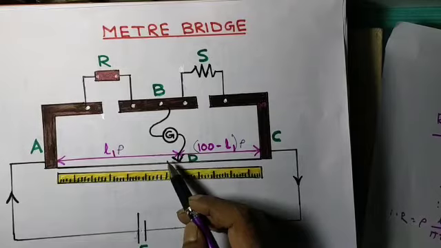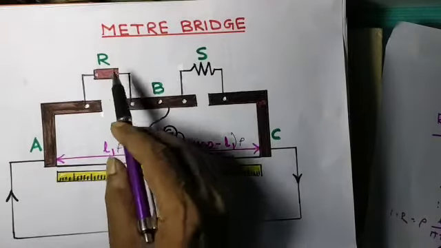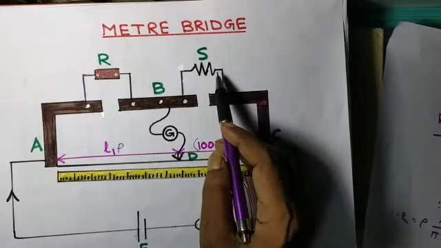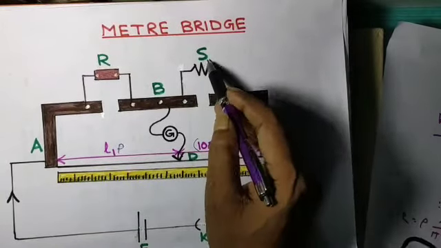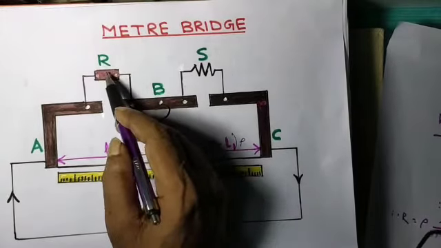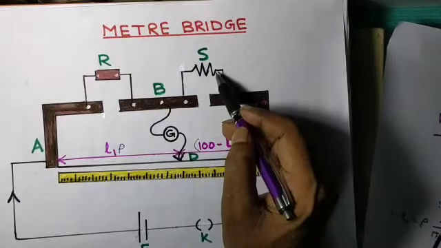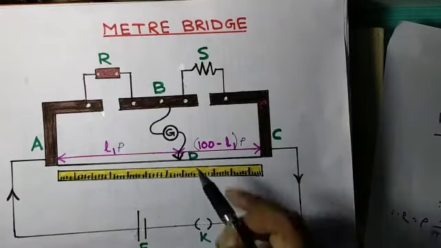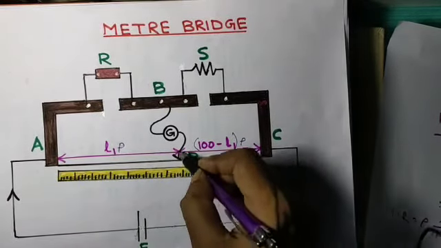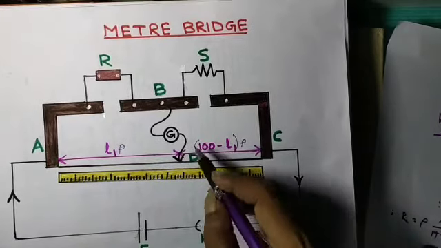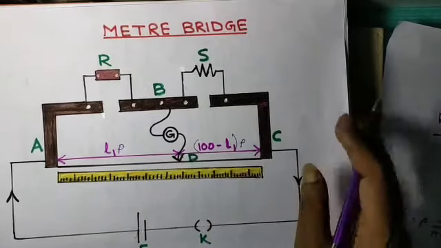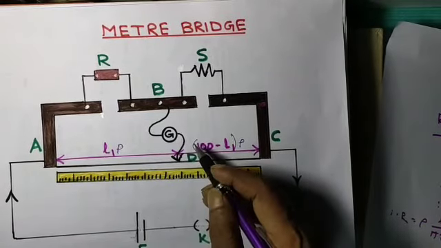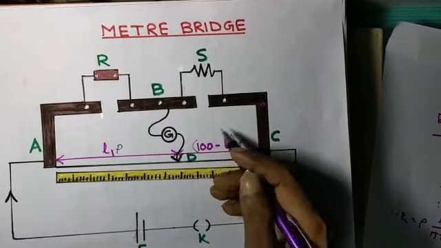In that case, if we interchange the resistances R and S, the null point will not change, so we could not calculate the average resistance.